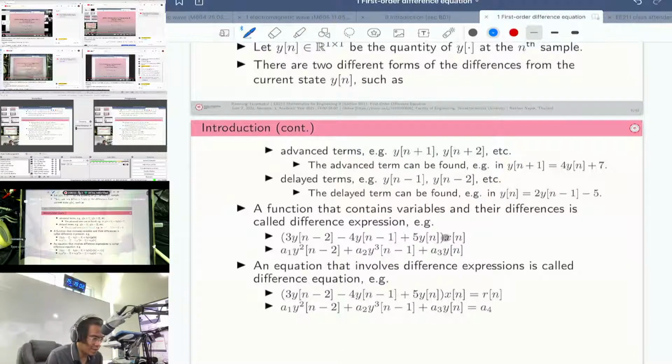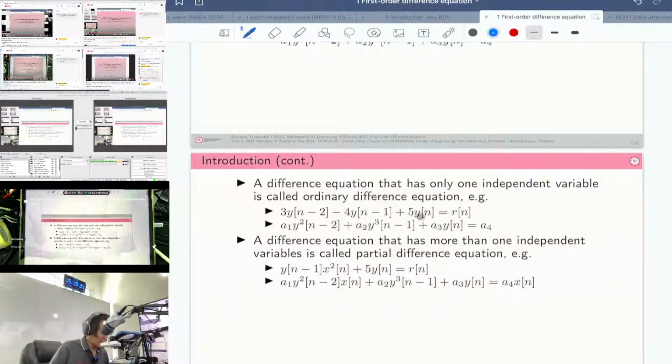The difference is that in the expression you don't have an equality sign and you don't have the right hand side. But in the second example, we have the same thing here and equal to A4. This one is known as a difference equation because there is equality.